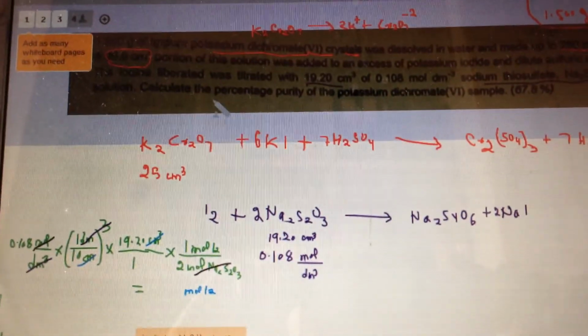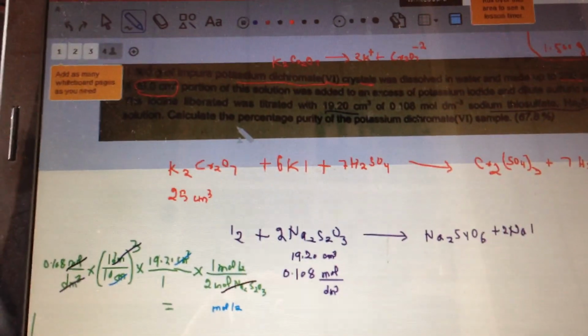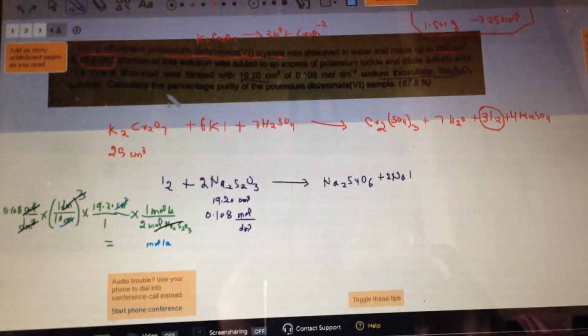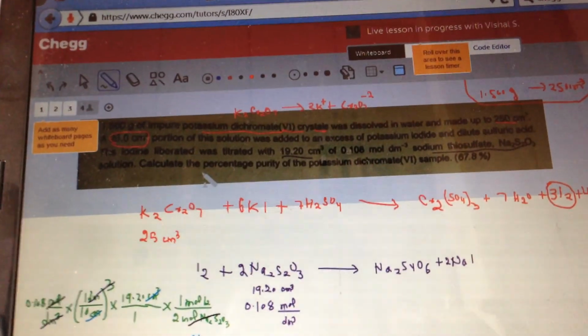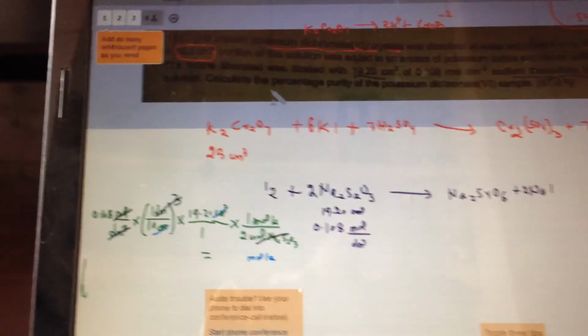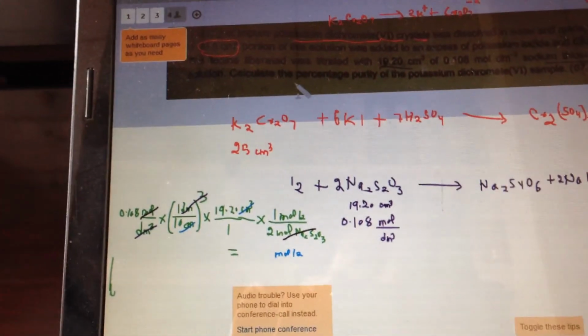Alright, so let me do the calculations there. It's going to be 0.108 times 19.20. Alright, and then divide by 10 cubed. Make sure you do the 10 cubed there. Okay, and then divide by 2 again.